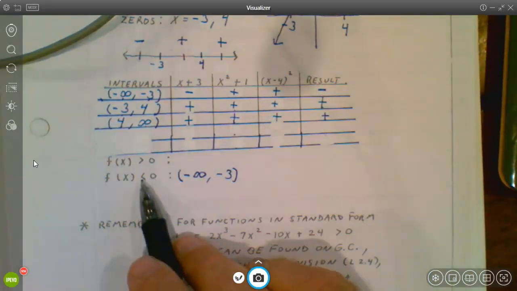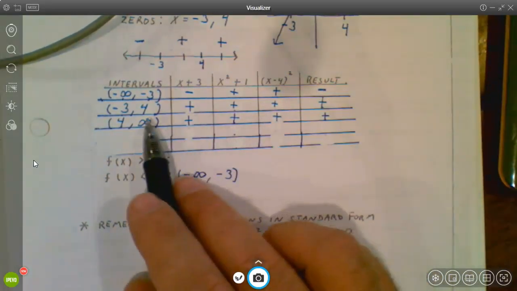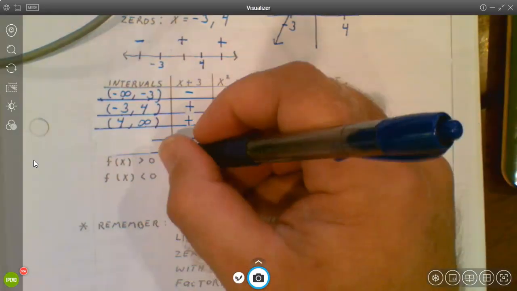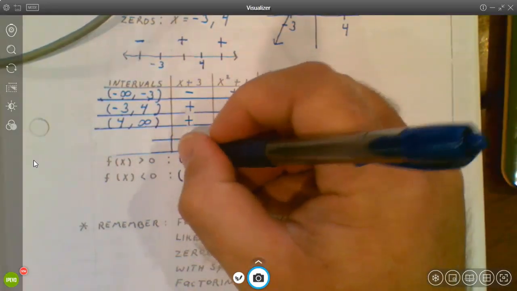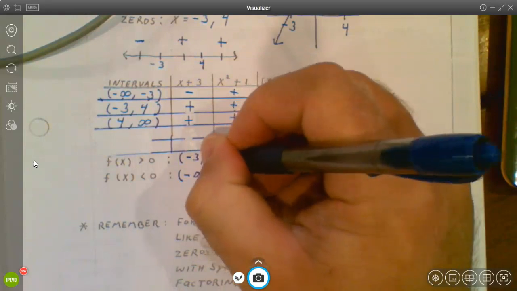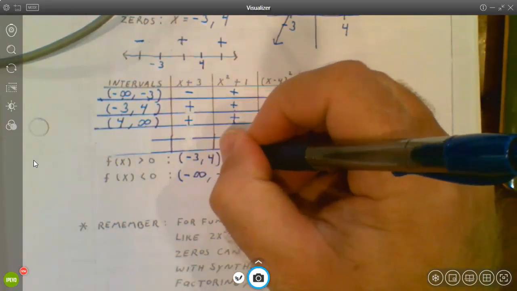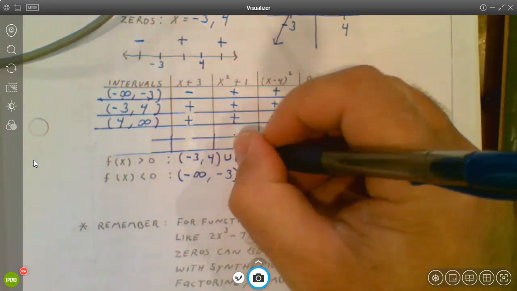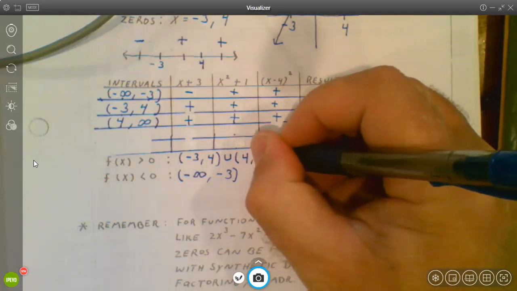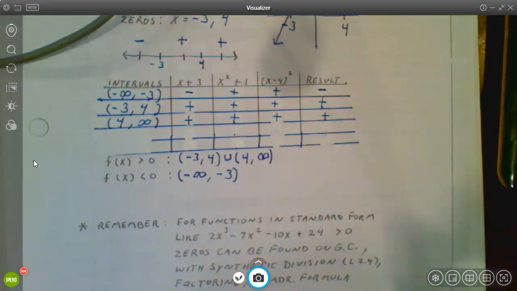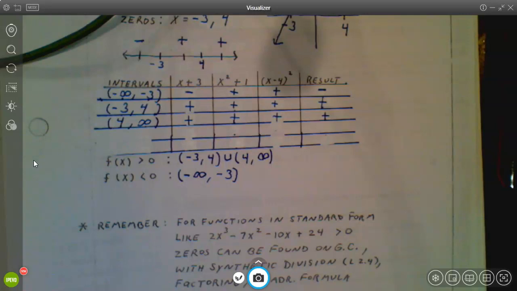That's the one that was less than 0. And then these two intervals, from negative 3 to 4, along with 4 to infinity, are greater than 0.